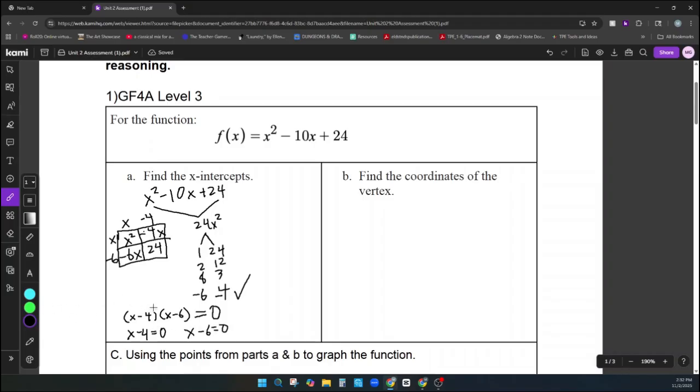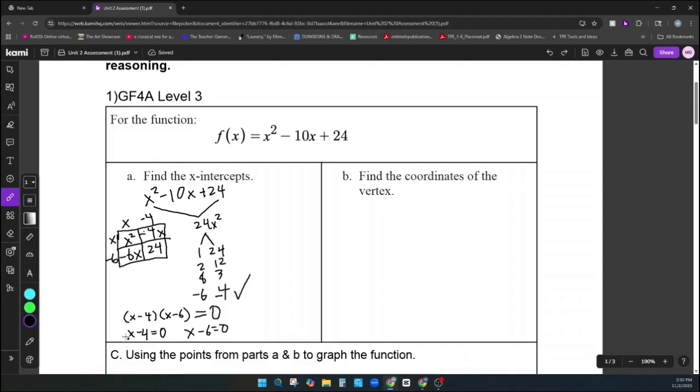Now, quite a few people skip this step. What they'll do is say, oh, I have negative 6, negative 4. Those will be my x-intercepts. That is not the case. You must follow this step because oftentimes the signs will change when you're trying to solve for 0.